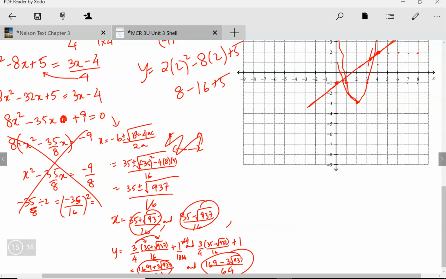So let's look at that y value. 169 minus 3 root 937 divided by 64 is 1.2.